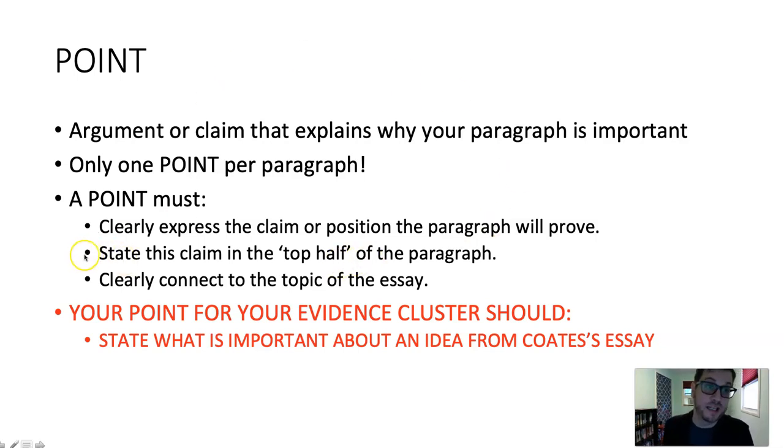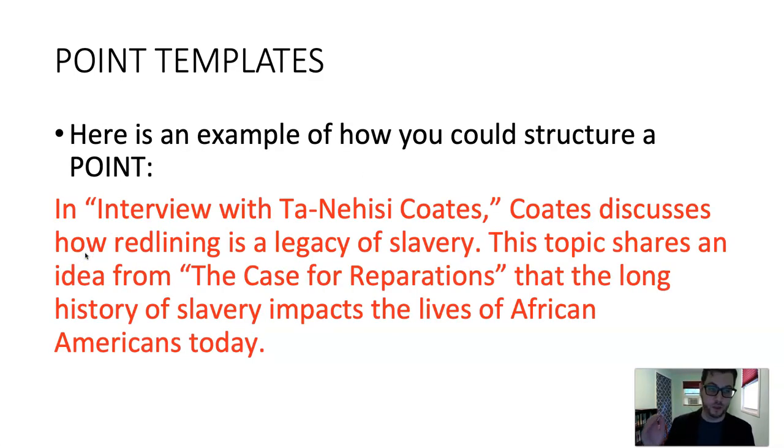Let's look at an example of a point that could be used in the research project. In the interview with Ta-Nehisi Coates, Coates discusses how redlining is a legacy of slavery. This topic shares an idea from The Case for Reparations that the long history of slavery impacts the lives of African Americans today.